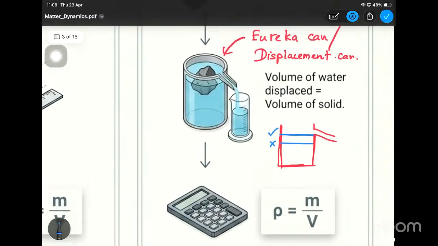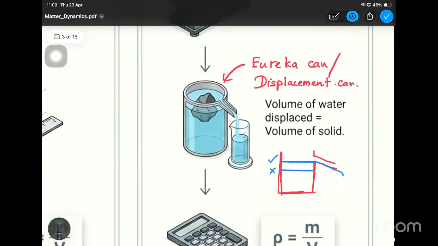Then once you submerge this object, what will happen? The excess water will spill like that, right? So remember that point, we are using the displacement can. The volume of water displaced will be equal to the volume of the solid.